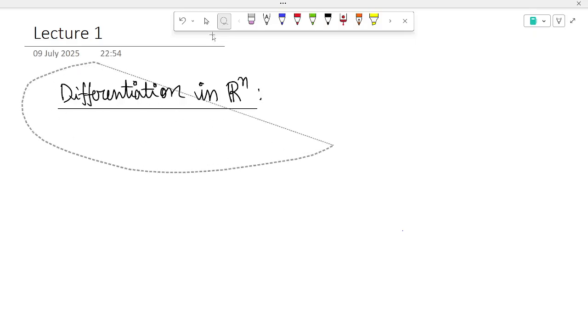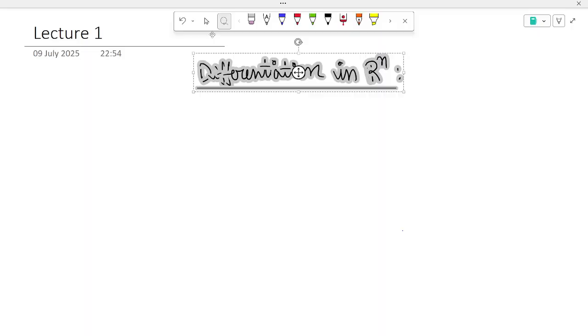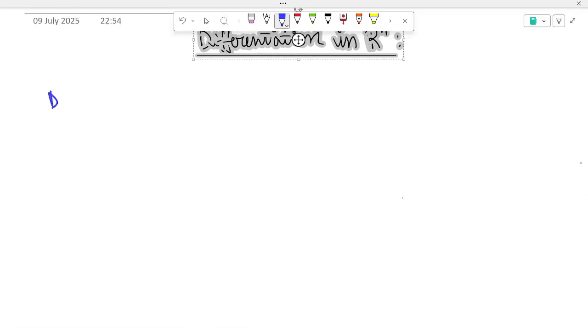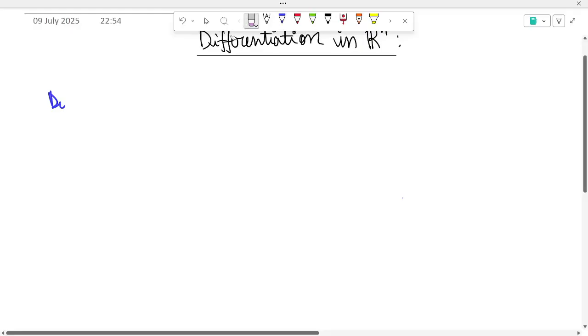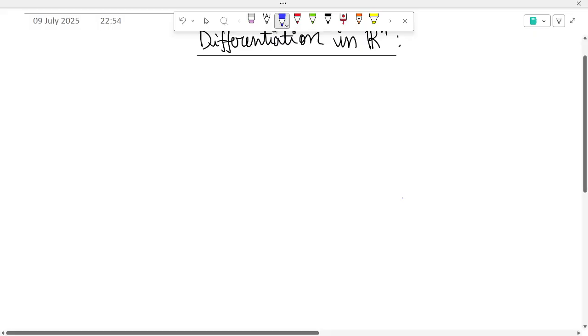So, derivative in R. What is the definition of derivative in R? Let me write. What is the drawback if we impose the same definition in Rn?